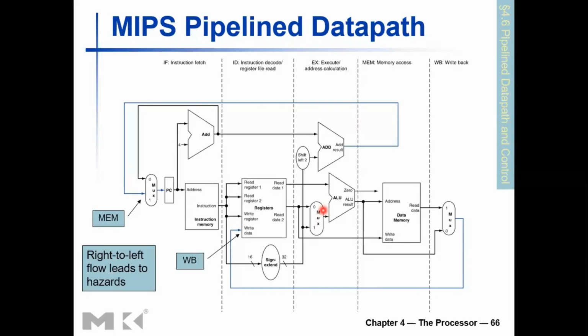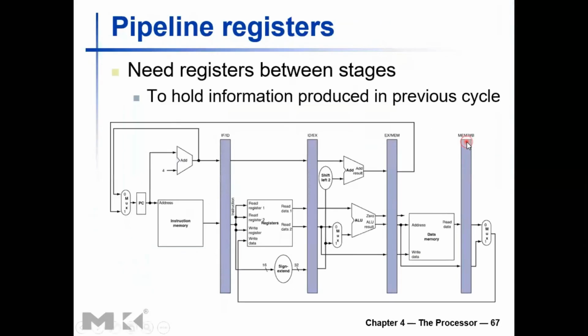So in order to get around that, we need new registers. We need to include new registers to make the pipeline work smoothly without any additional hazards. We are calling these new registers pipeline registers, in between each pair of stages. So between instruction fetch and instruction decode, you need a pipeline register to hold certain information.